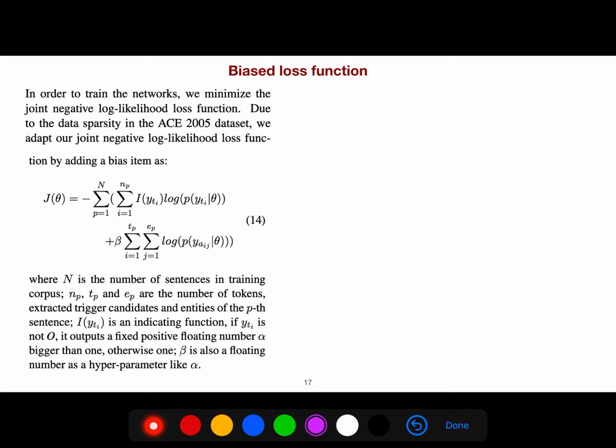But we minimize the joint negative likelihood, and due to data sparsity, because this dataset ACE is very popular but it has data sparsity, we adapt our joint negative likelihood by adding just a bias item term. And this I is just the indicator function.